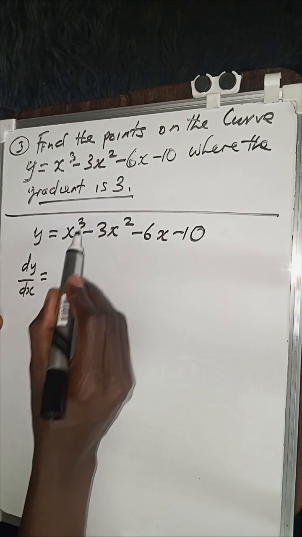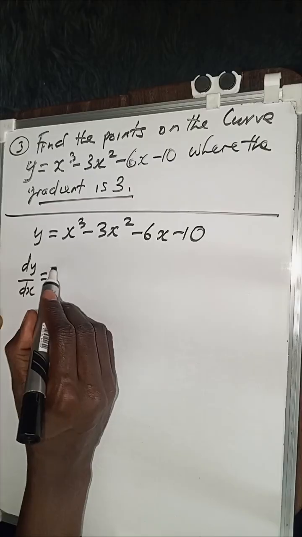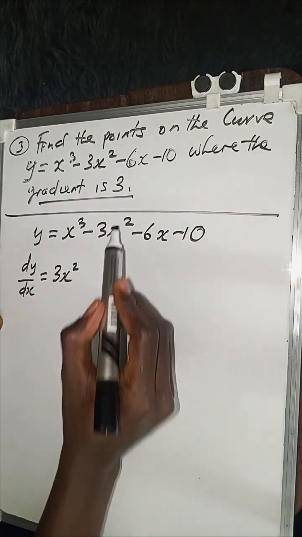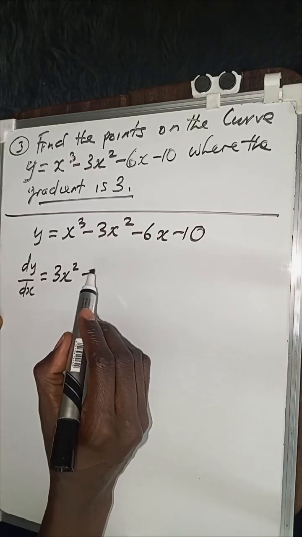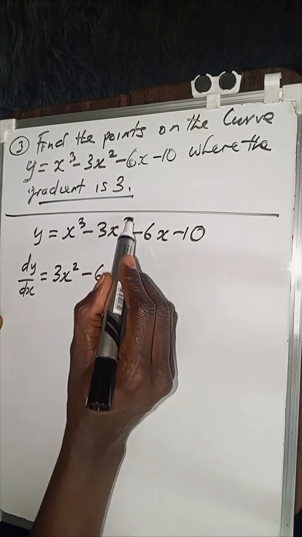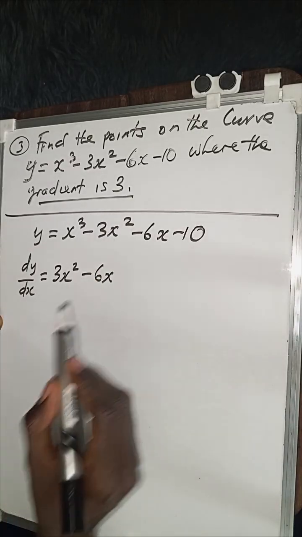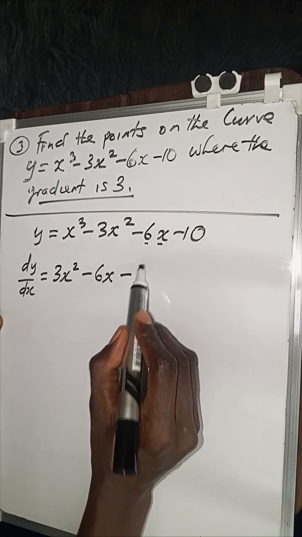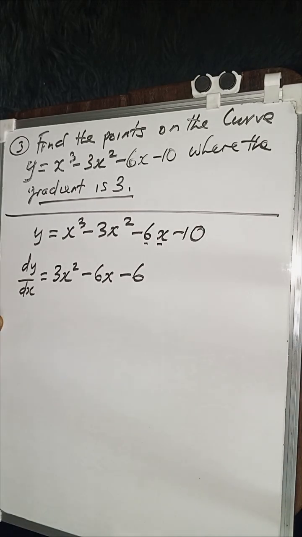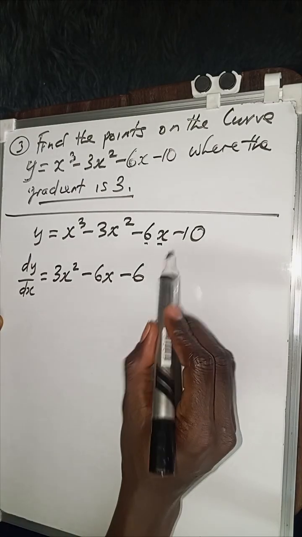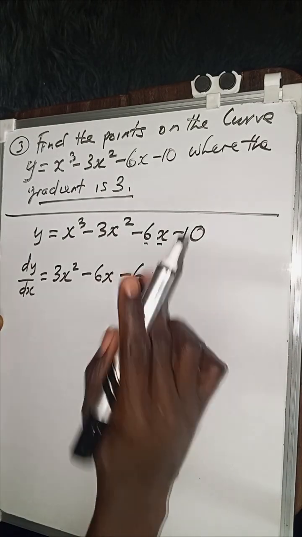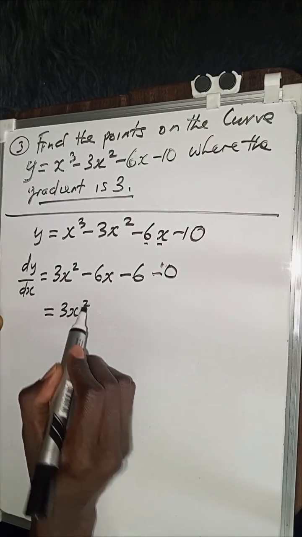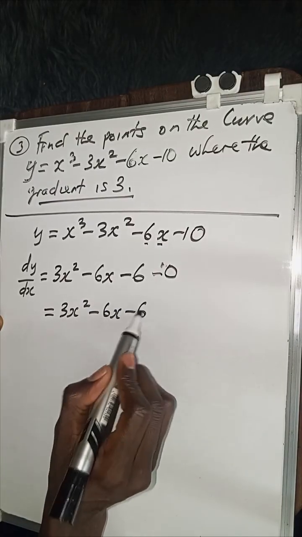Remember, if you differentiate that, 3 times 1 gives 3, so x, and the power reduces by 1, so it will be a 2. 2 times 3 gives 6, the power reduces by 1, so 2 minus 1 gives 1, but I will not write it. If you have a number and a letter, that just gives you the number. And the constant is always 0, so it will be minus 0. This is the same as 3x squared minus 6x minus 6.